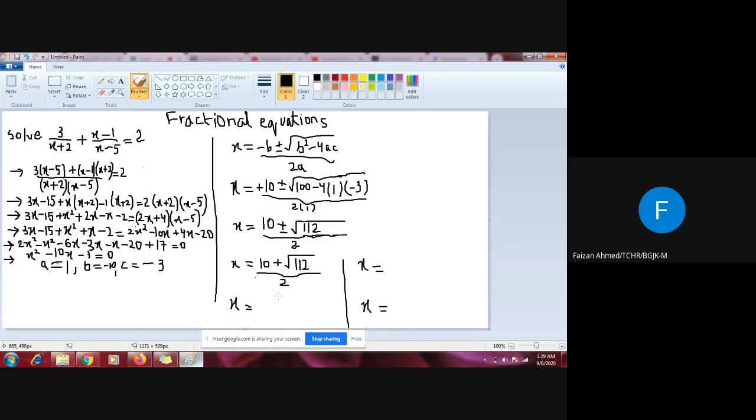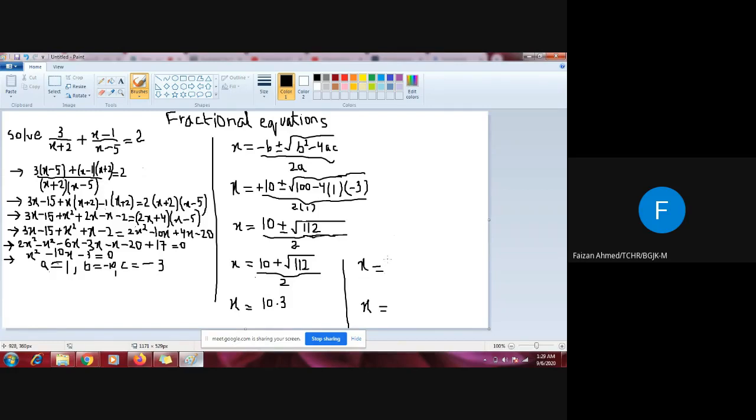So by solving with a calculator I will be getting an answer of 10.3, because this will be roughly equal to 10 point something, and when I add 10 to it, it will become 20. So 20 divided by 2 will be 10.3. You can check it with your calculator.